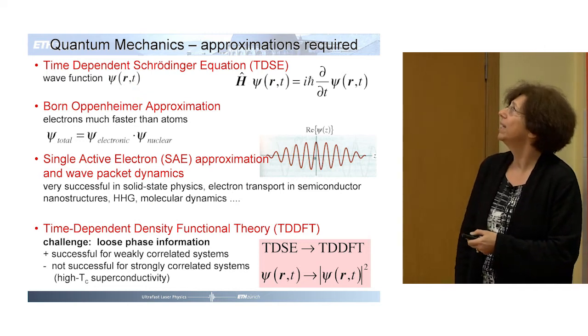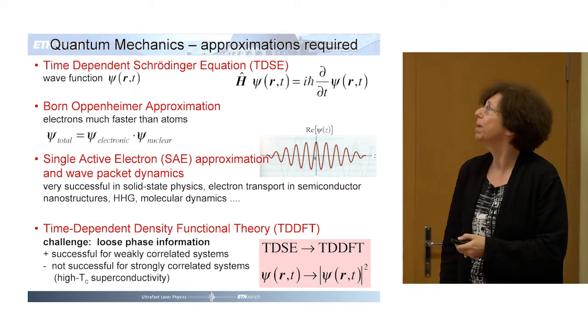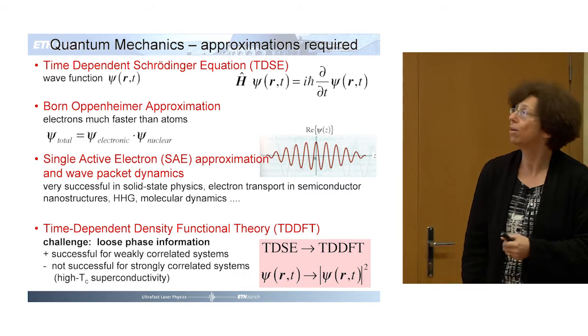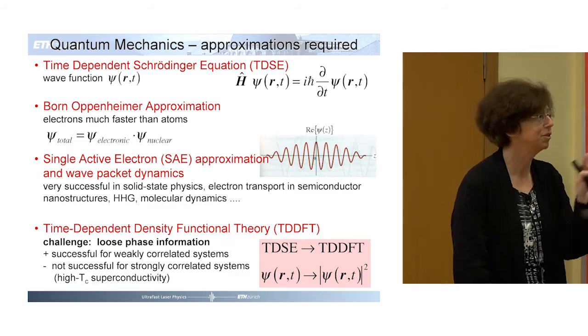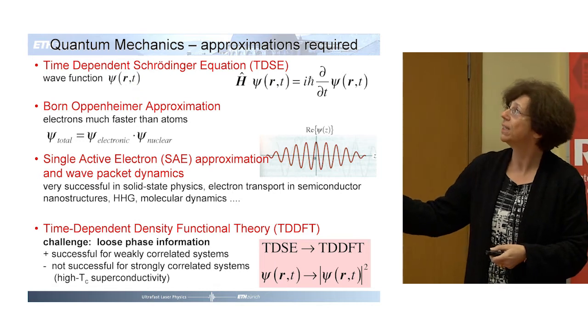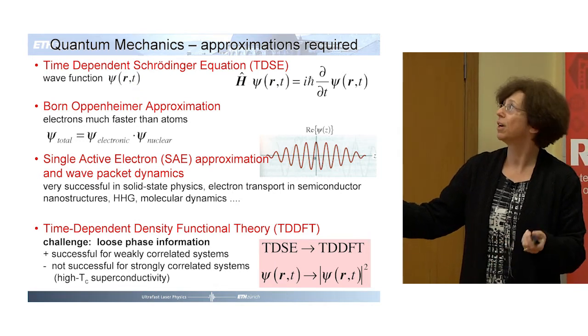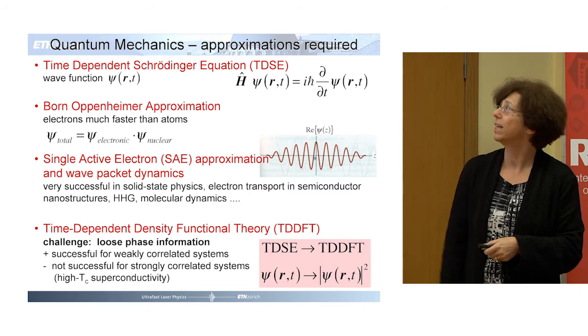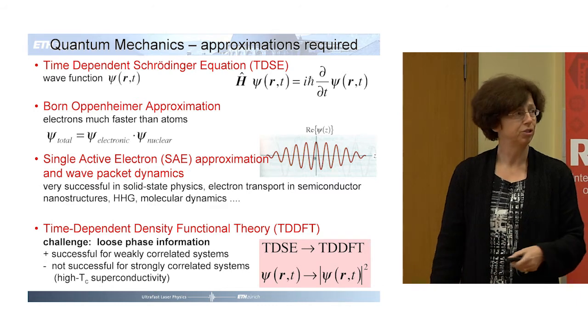Typically there are only a few approximations people make in quantum mechanics, though there are more. You have the time-dependent Schrödinger equation with the wave function that describes your dynamics. Normally you cannot solve this.